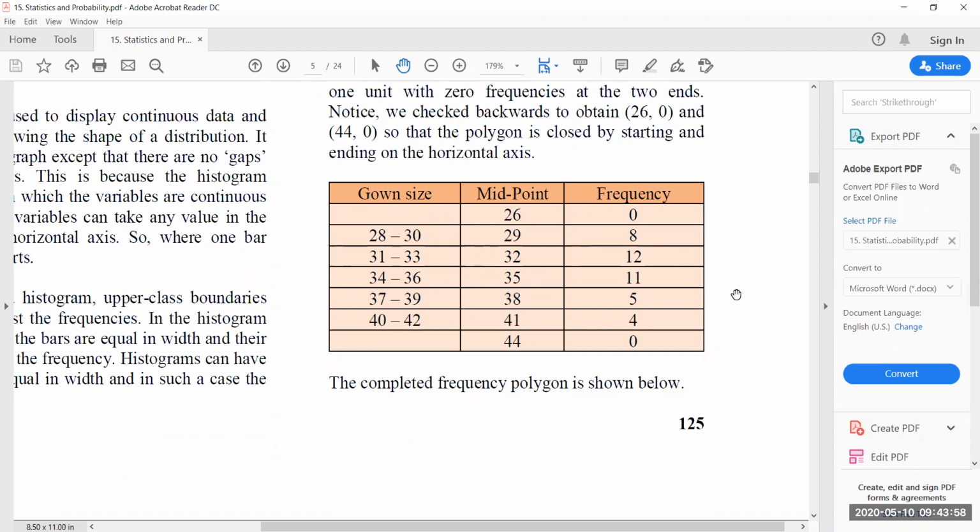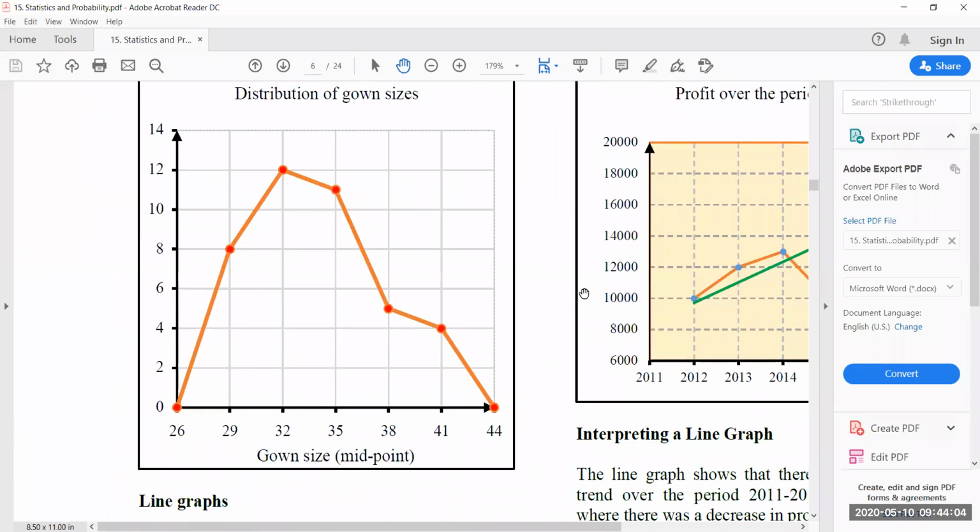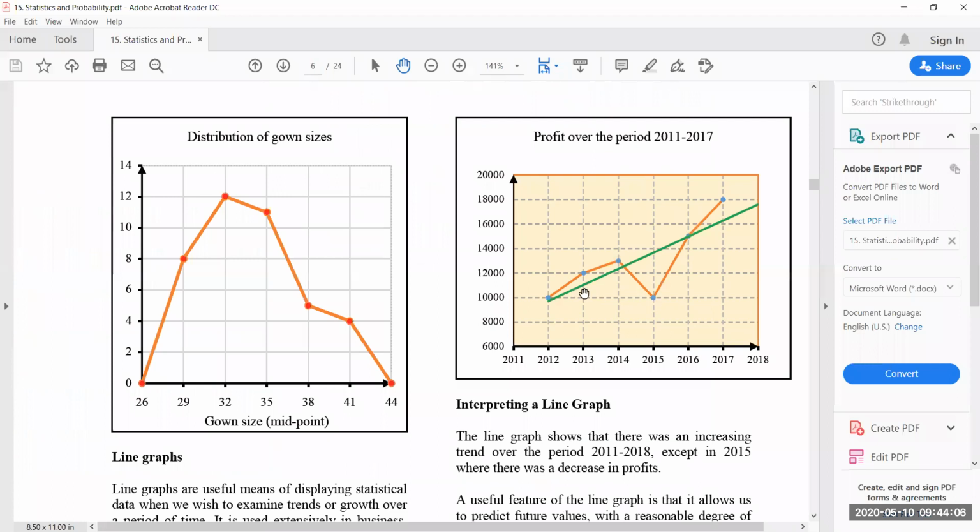Can you all answer so I will know that at least you all are following? Yes, sir. Thank you very much. Right. So this is the information that we will be using to plot the frequency polygon, as you can see here, right? These are the gown sizes in terms of the midpoint. And of course, we have from 0 to 14 going up here. Any questions?